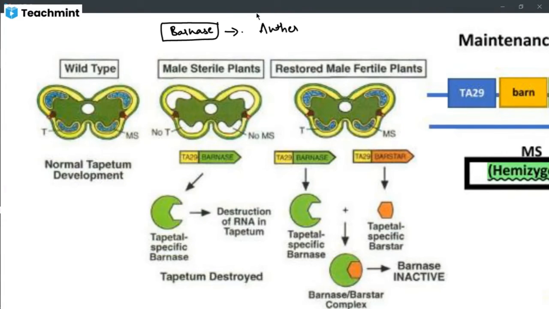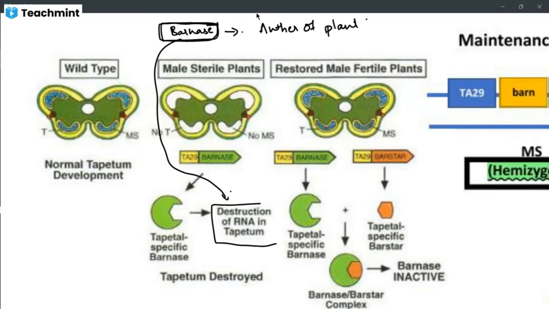What Barnase does is destroy the tapetal cells. When Barnase is incorporated into the anther of the plant, it destroys the tapetum cells. When the tapetum cells are destroyed, ultimately the pollen grains formed will be male sterile.